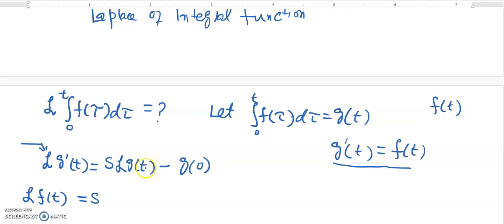And what is Laplace of g of t? Laplace of g of t is this original value which we want to find. So the Laplace of the integral from 0 to t of f of tau, this is the unknown which we wanted to find. And what is g of 0?